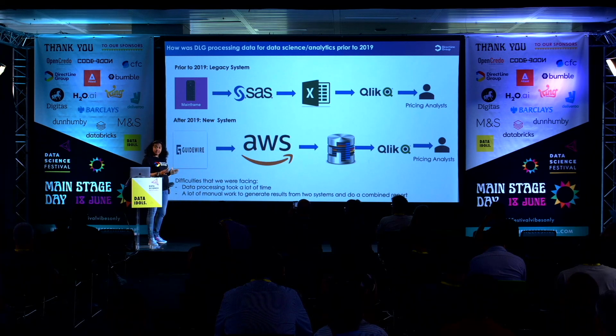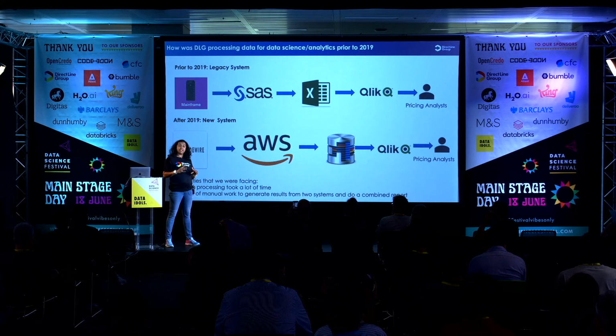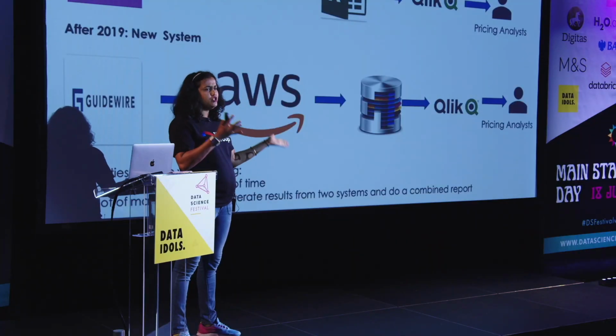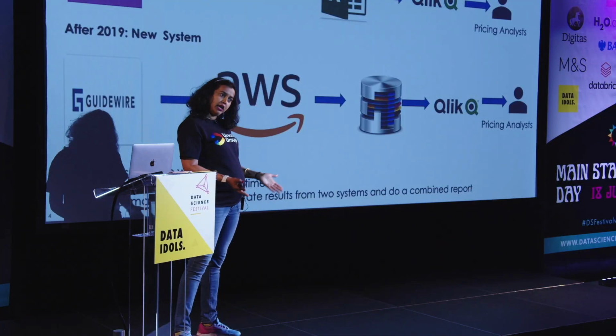After 2019, we invested in a new policy system called Guidewire, which is Oracle-based. Because we were investing anyway in a new policy system, we thought we also needed to go big bang with cloud. And between AWS and Azure, our company went for AWS.